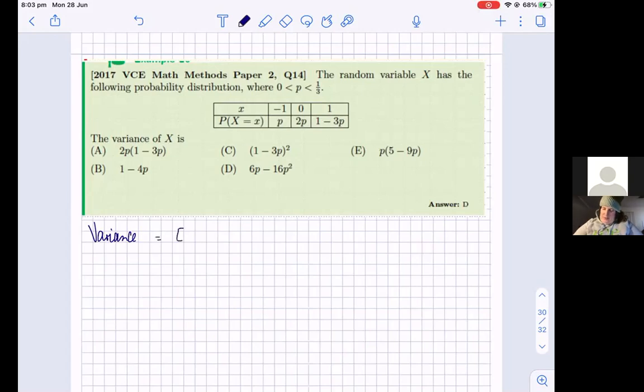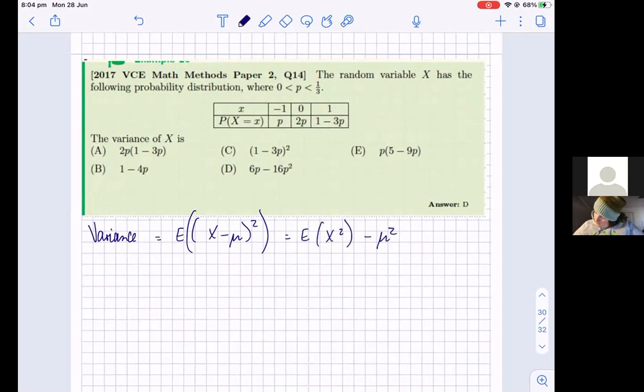The variance is the expected value of the value minus the mean squared, which is the same as the expected value of x squared minus the mean squared.